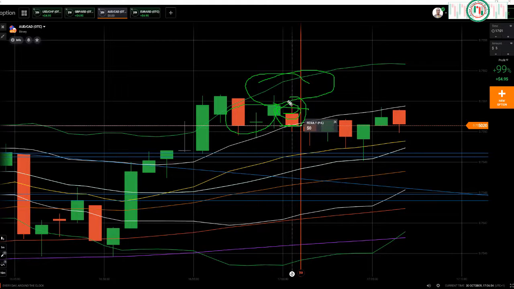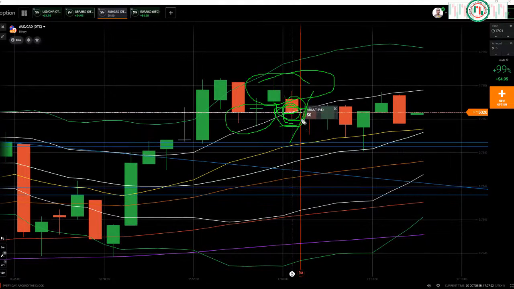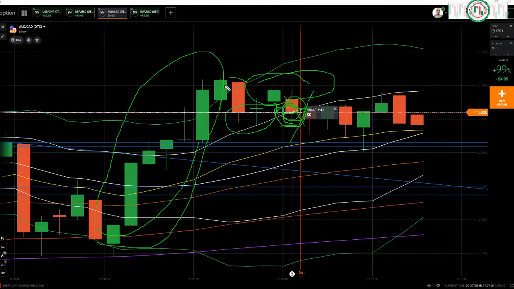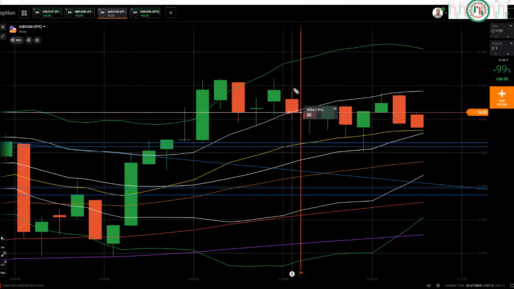So if you are in this area, don't try to call in your trade anytime. Try to get an opportunity for put, because you are far away. After this bullish momentum, you see strong sellers, so the market may reverse. So that's why I place my trade put option, but it's a draw.